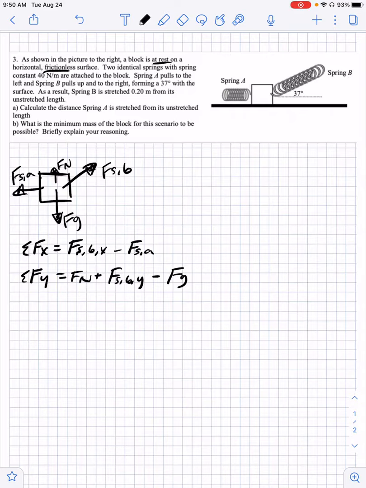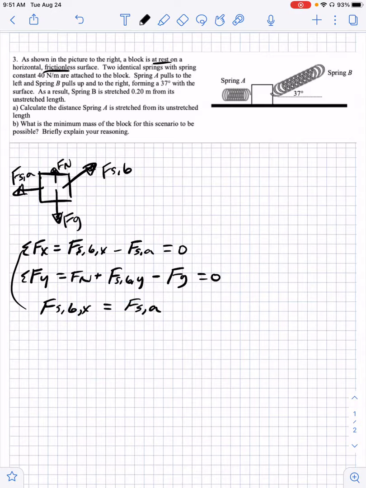Now we know, since we underlined that word, it's at rest, we can set that equal to 0. So what that means in the x direction, if I expand this a little bit, is that the x component of the force of spring B has to equal the force of spring A. So knowing that, we're going to be able to solve for the force of spring A, because in this problem, they gave us the spring constant.